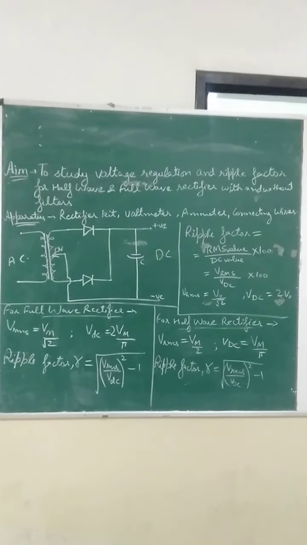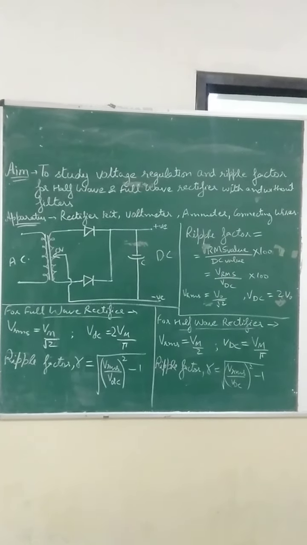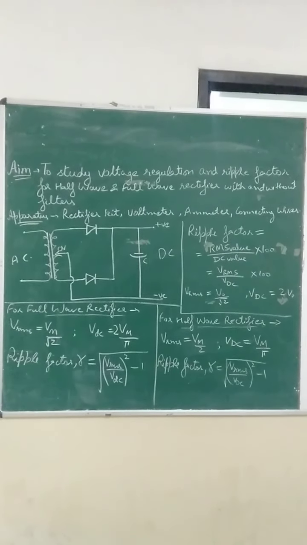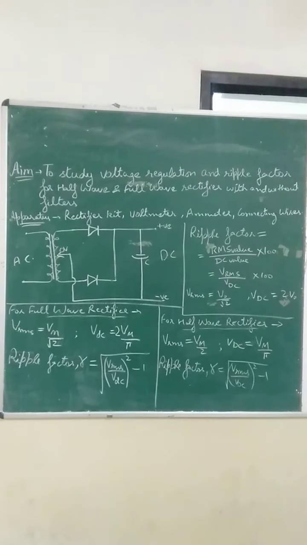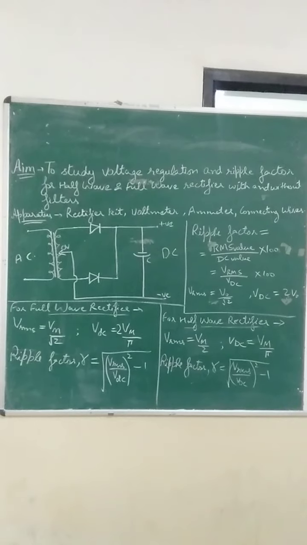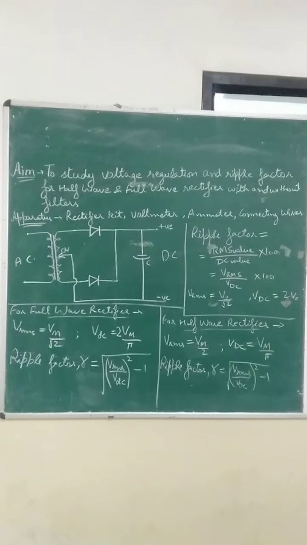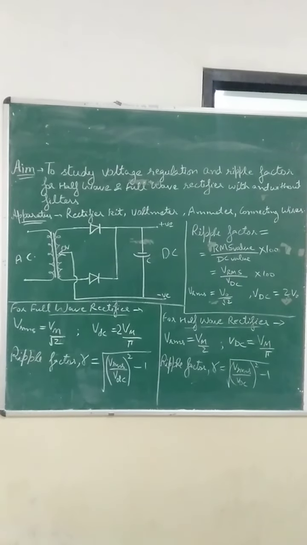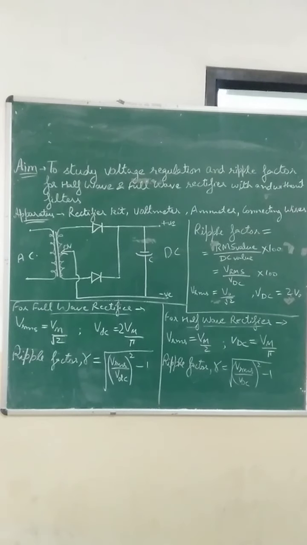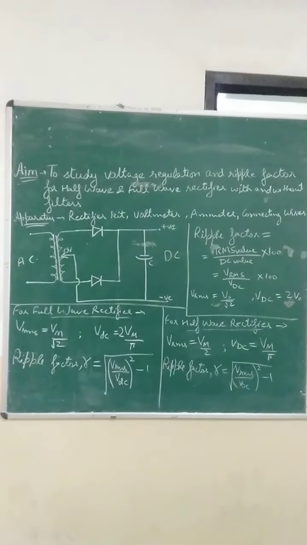So a rectifier's purpose is just to transform AC supply into DC. That is why I have their diagram: AC supply is there for the step down transformer, and there are two diodes, two PN junction diodes.